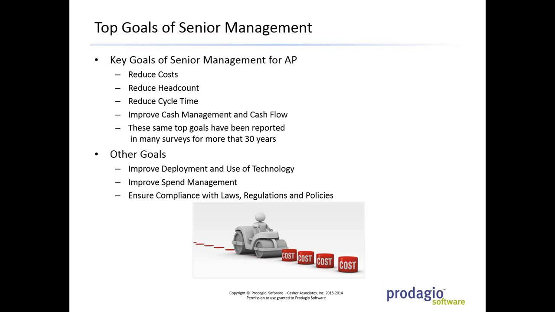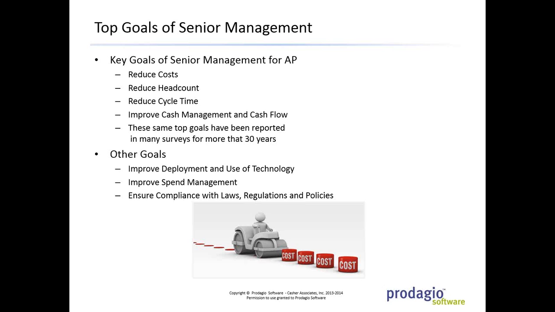Reduce the amount of money that you're spending on running your accounts payable department. Do it with fewer people. I've never been in an AP department that I thought was overstaffed, but there's always this pressure to reduce headcount even further. And the third goal, do it faster, from the amount of time it takes to get an invoice or an expense report processed and paid.